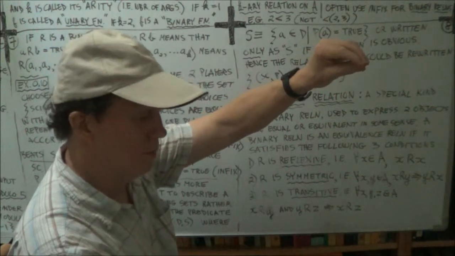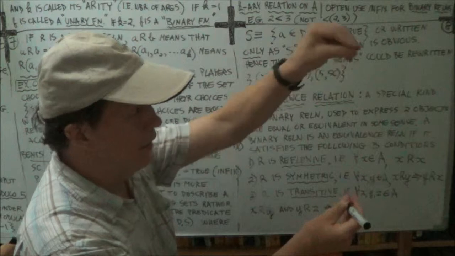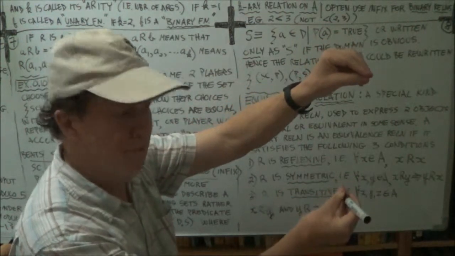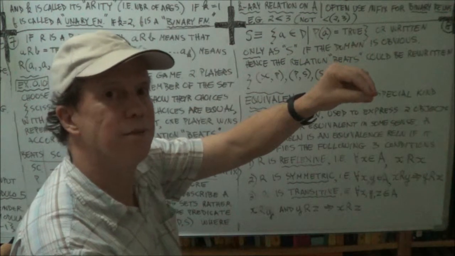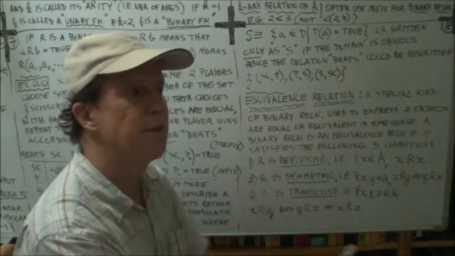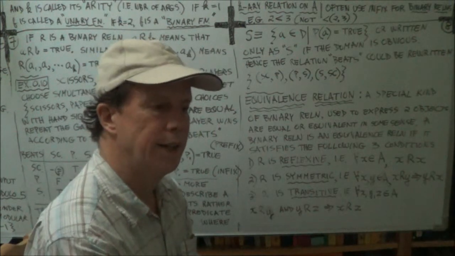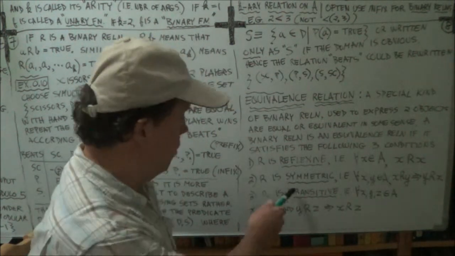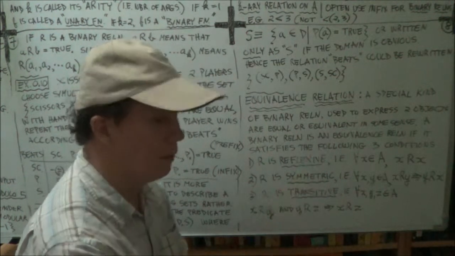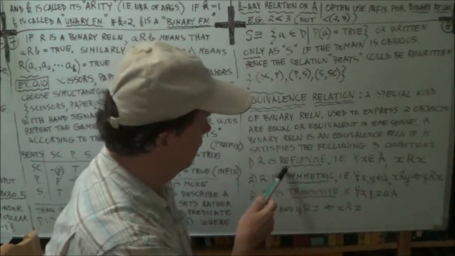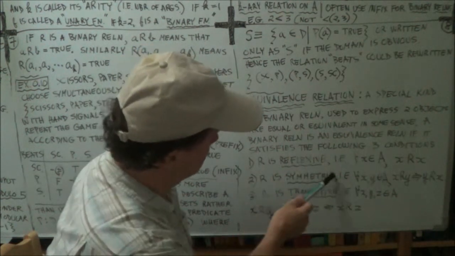So it follows that if B is an ancestor of C, and A is an ancestor of B, then A must be an ancestor of C. Follow that reasoning? Okay. So the relation "is an ancestor of" is transitive.